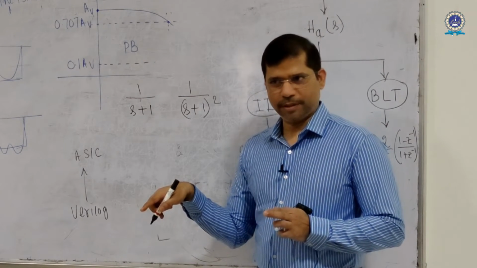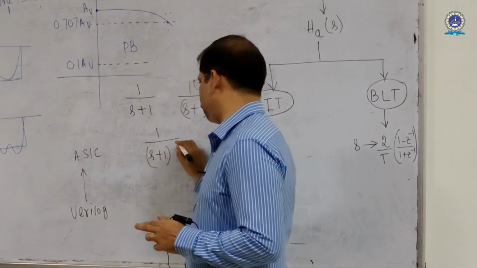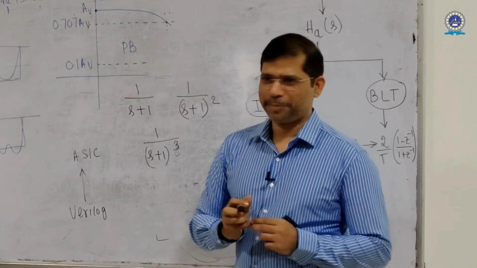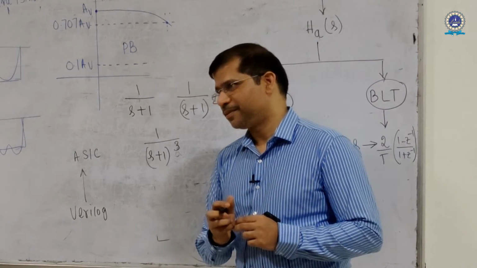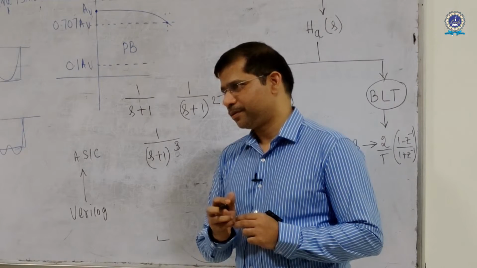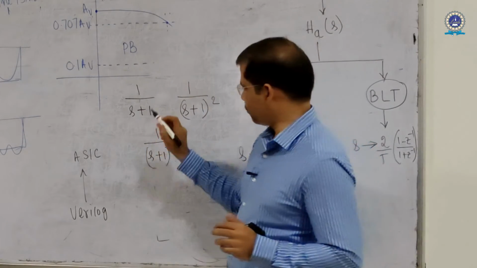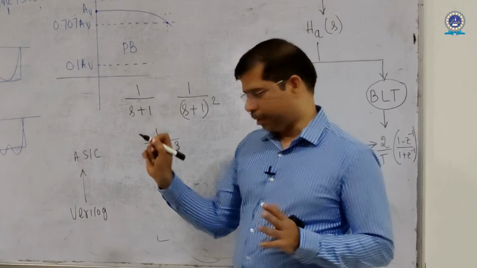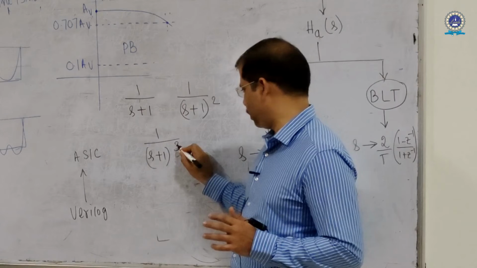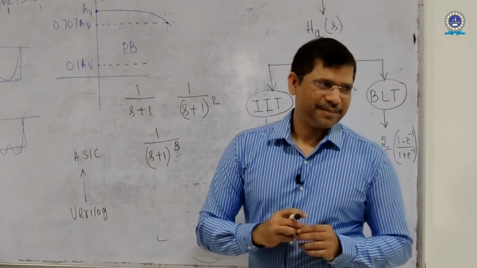Stable. Then 1 by (s plus 1) whole cube, also stable. My question is simple: 1 by (s plus 1) stable, 1 by (s plus 1) whole square stable, (s plus 1) whole cube stable, whole power 8.